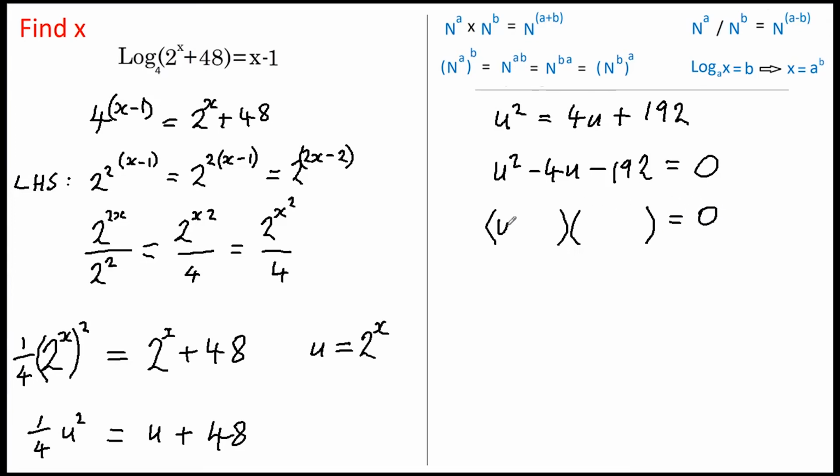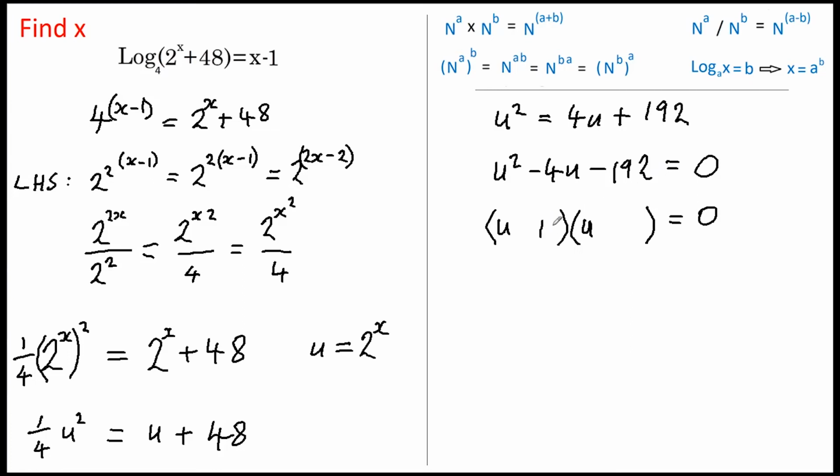We're going to start by putting a u in here and a u in here. That gives us our u squared. We now need two numbers that multiply to 192 but have a difference of 4. Well, I know that 196 is 14 squared, so if I take 2 either side of 14, that's going to be pretty close.